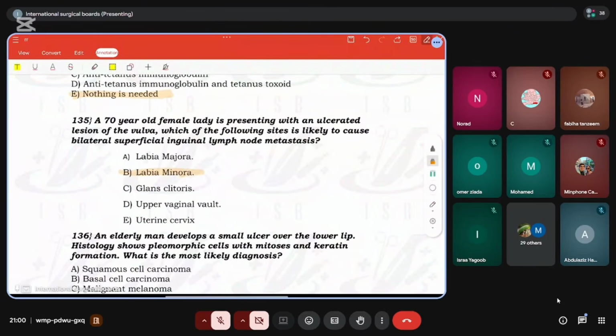When you go to the external genitalia in females, labia majora is a lateral structure. Labia minora is a medial structure toward the midline. So if there's a carcinoma in the labia minora versus the labia majora, which one gives bilateral metastasis? It is simple, right? Labia minora, it's in the midline.